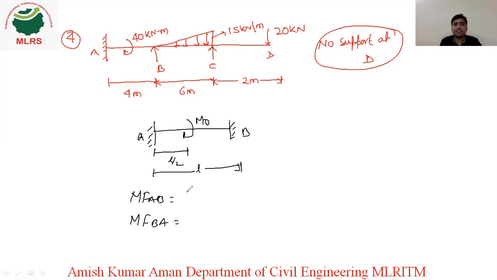Simply that M naught will be divided by 4, so at both the ends, the fixed end moment will be M naught by 4.